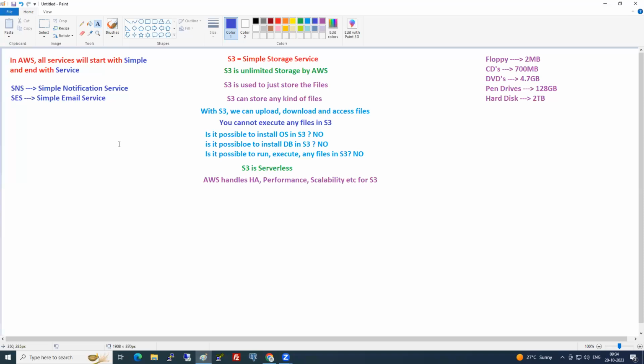There is also one more service which is related to queues. Frame it: simple queue service. So let's not take more services now, you will get confused. I have a strategy to inject them in your brains one by one. Is it clear till here, everyone?